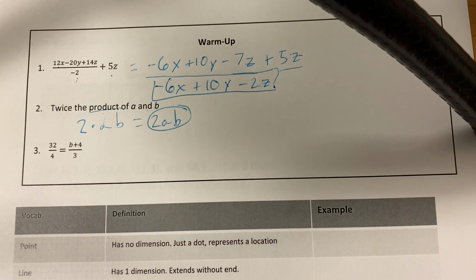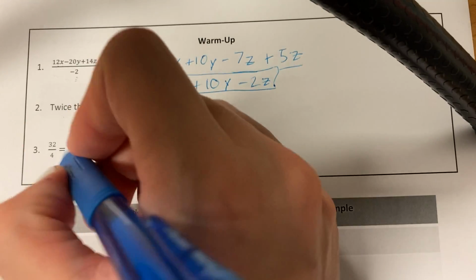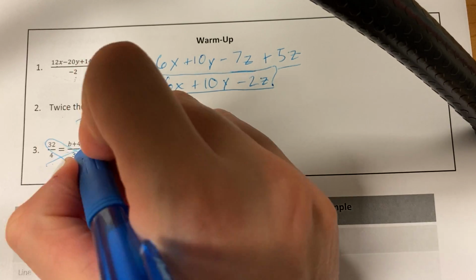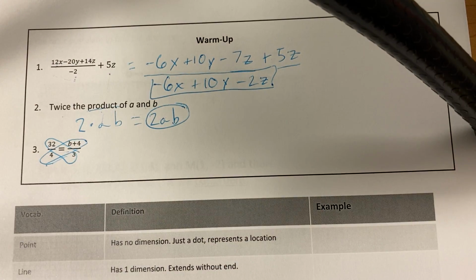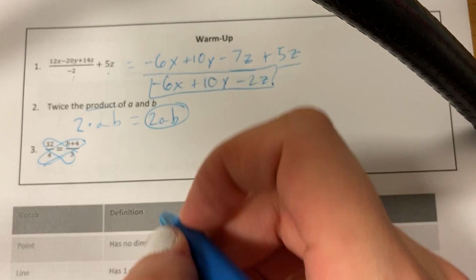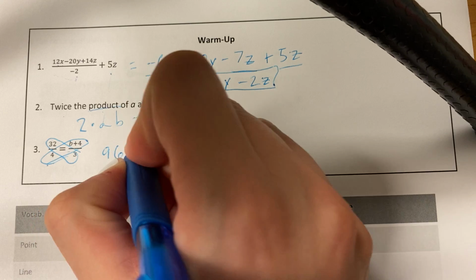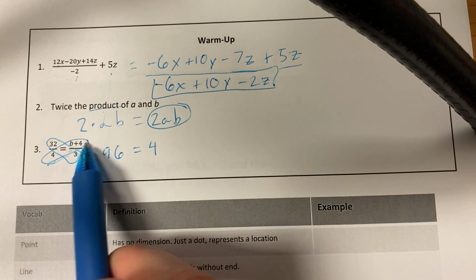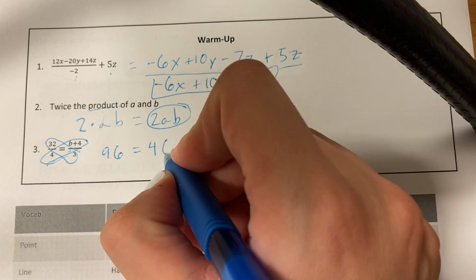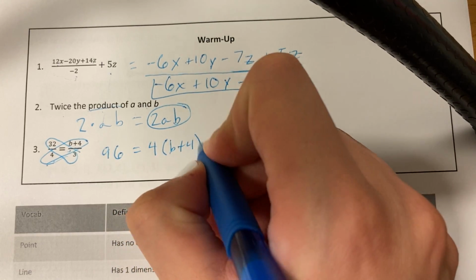All right, over here we have a proportion, so we're going to cross multiply. So this is 32 times 3, which is 96, equals, then we do 4, and the tricky part is to always make sure you put this expression in parentheses, b plus 4.